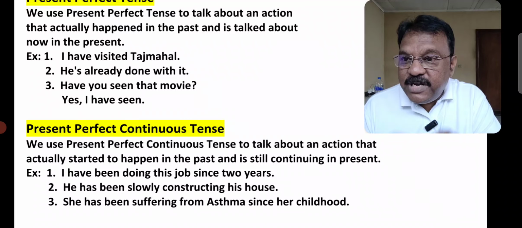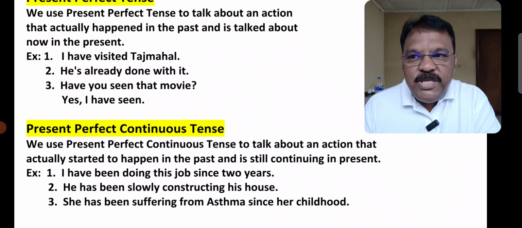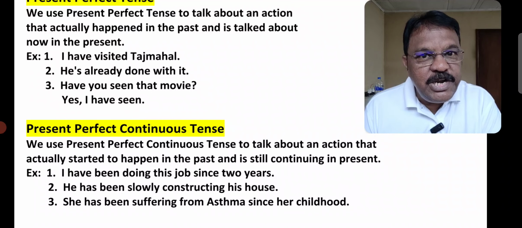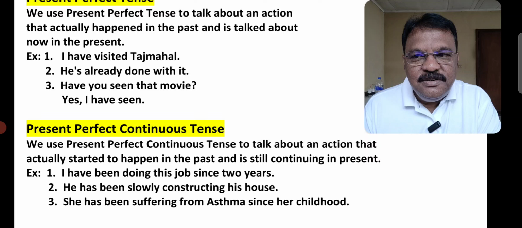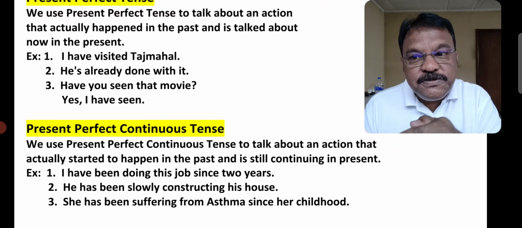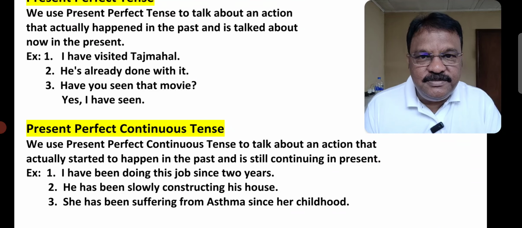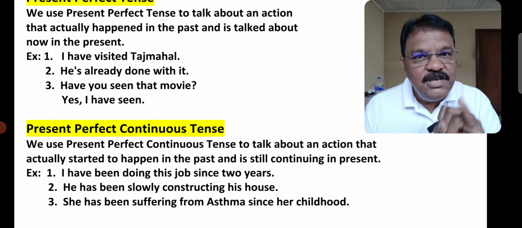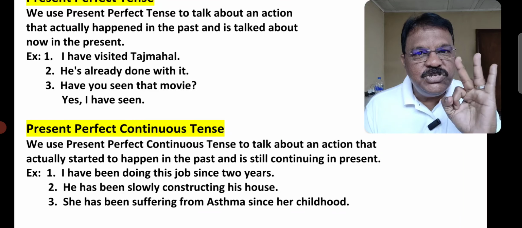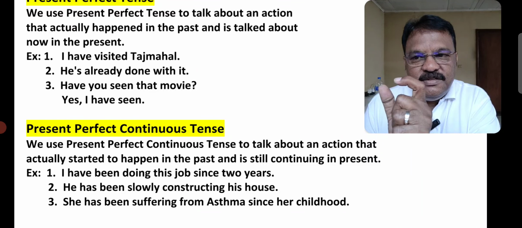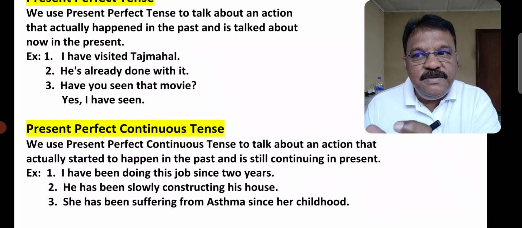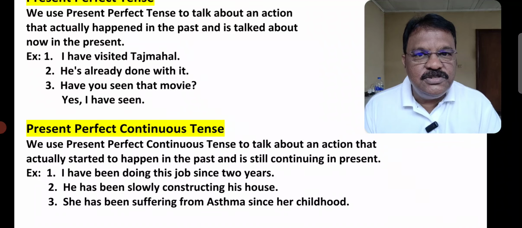So what we have done here, we use present perfect continuous tense. Look at the verb format. Has been constructing. This is the verb format in present perfect continuous tense.